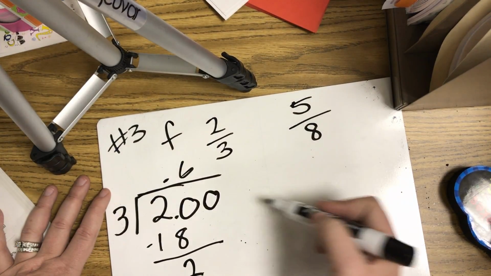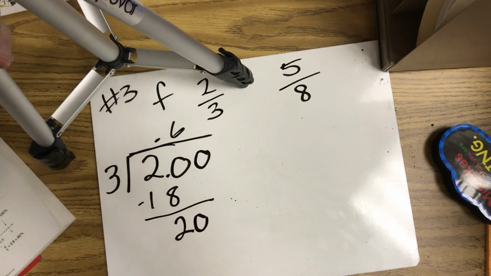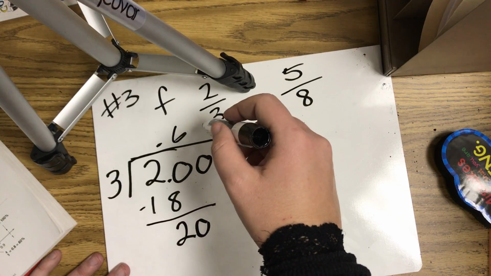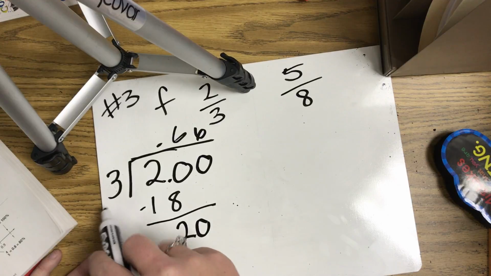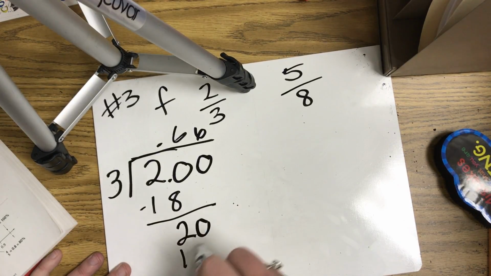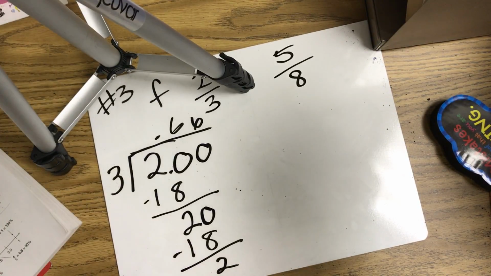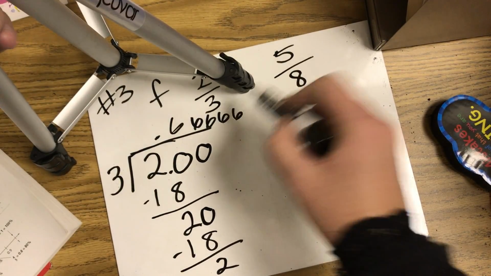Put a 0 there. 3 goes into 20 now 6 times. 3 times 6 is 18. Subtract, and you get 2. You would continue that for a while because you're just going to keep getting 20, 20, 20, right? So it's 0.666, repeat.